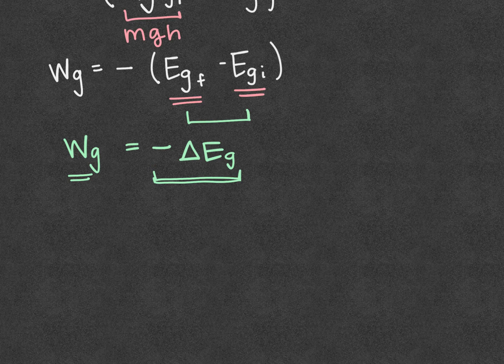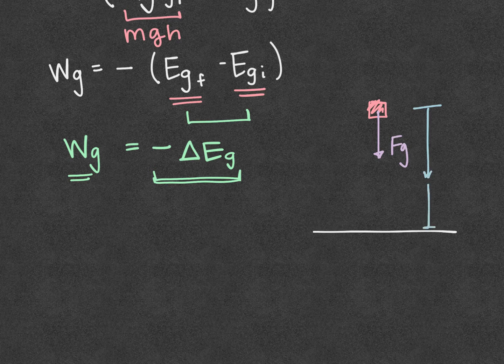So if here is the ground level and our box is up here, the force acting on our box is down, and our displacement is down as we go. Then this force is doing positive work.